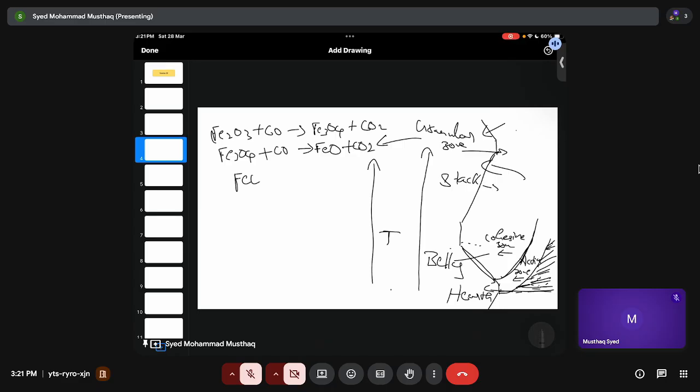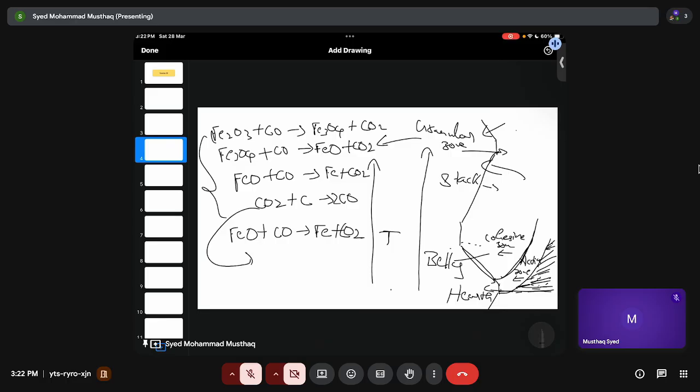Again, the FeO will react with your CO to give Fe plus CO2, and because the temperature is still high, the carbon dioxide that has been formed will again react with coke to give you carbon monoxide. So some of the FeO you will find being reduced here, and in the cohesive zone, whatever iron oxide has been left will instantly react with your carbon monoxide and give you carbon dioxide.